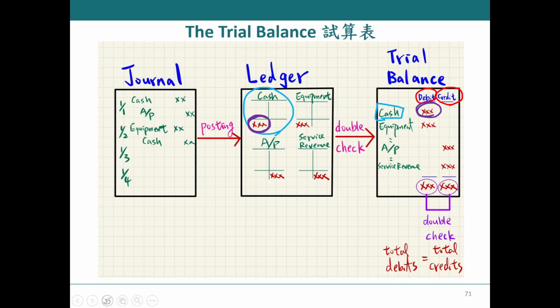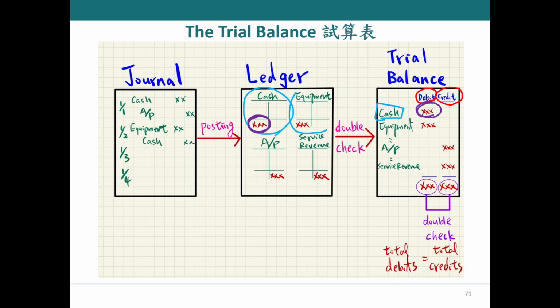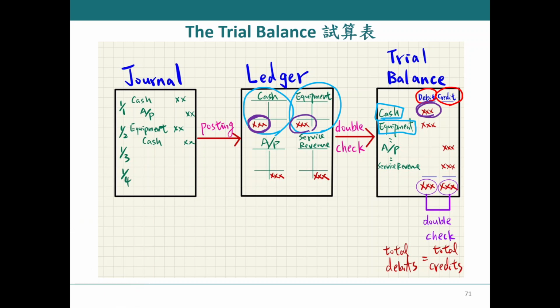What's the next? Next is our equipment, right? So you just copy, write down equipment this account. You have the balance on which side? Debit side, right? So you just copy the number to debit column. Okay, then what's the next? Accounts payable, right? So I just write down accounts payable on my trial balance.